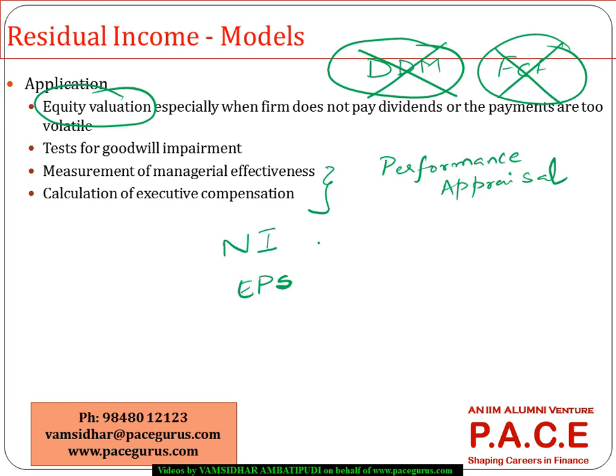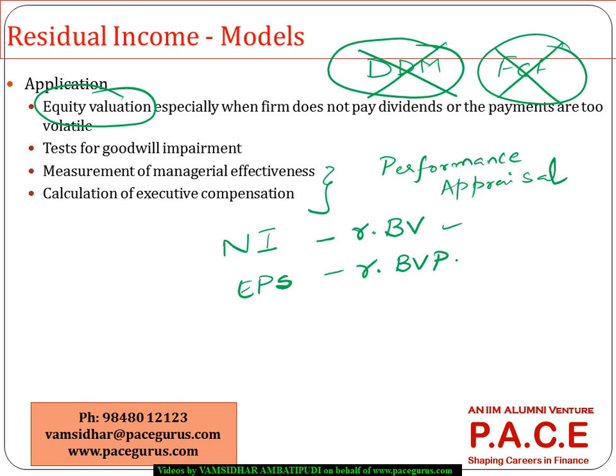From net income I subtract the required rate of return the equity investor is expecting, multiplied by either book value or book value per share. If I am operating at this level, I will multiply it with the book value of equity.